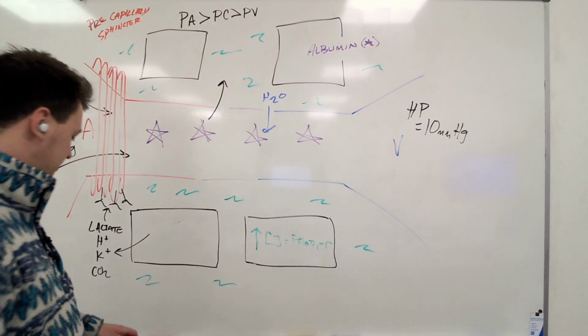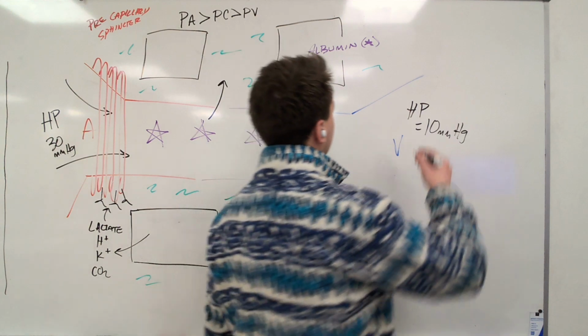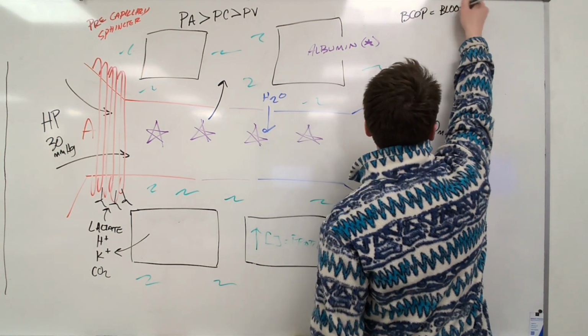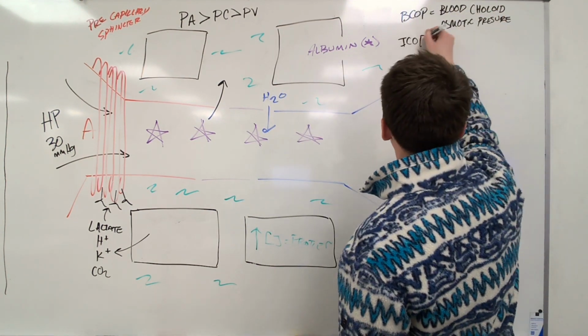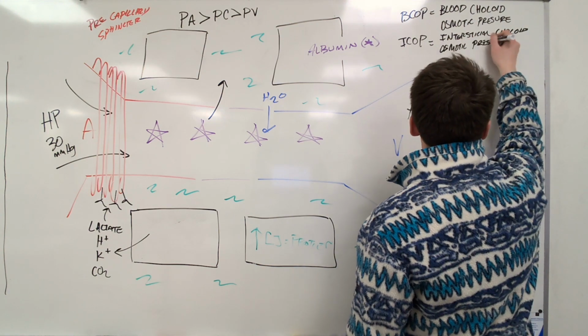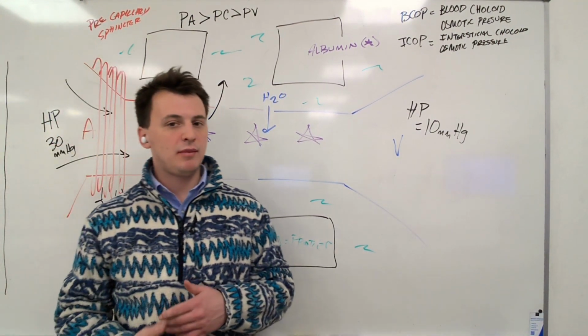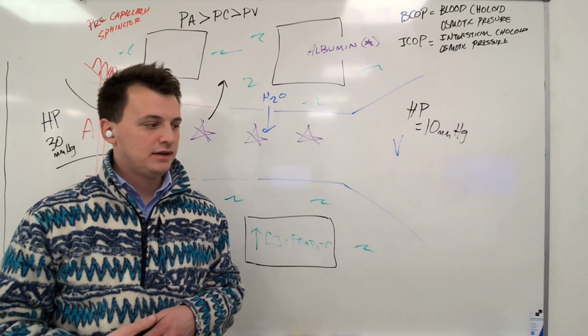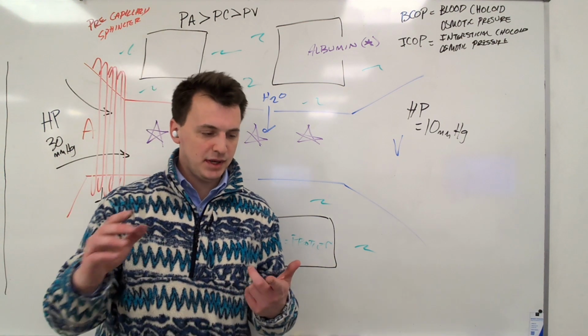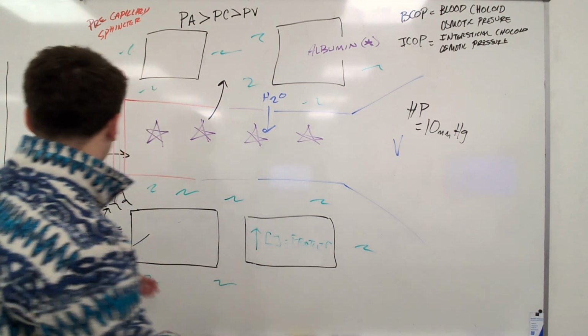So we have this thing called BCOP and ICOP. We could actually measure BCOP and ICOP from different things, dependent on your heart rate, dependent on mean arterial pressure, right?